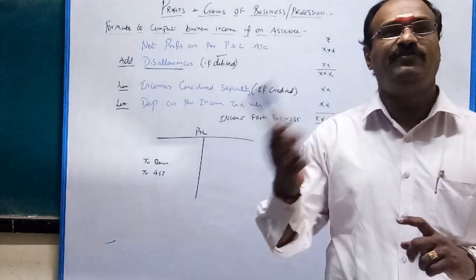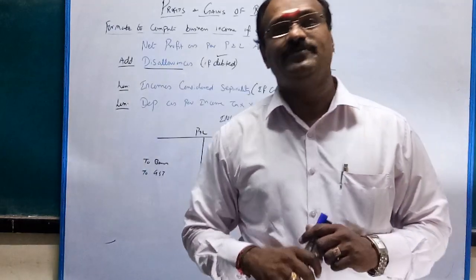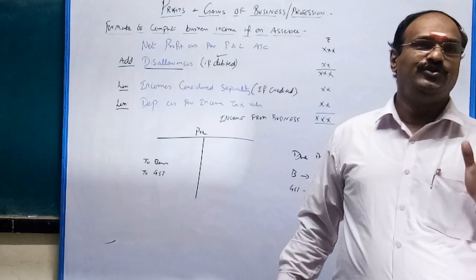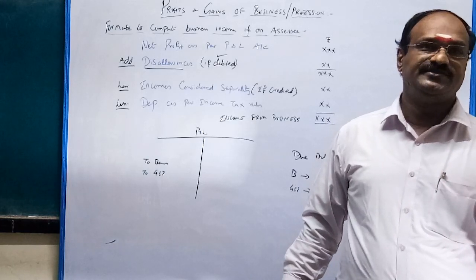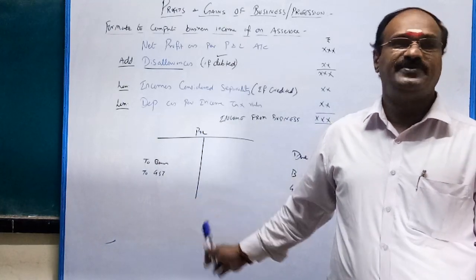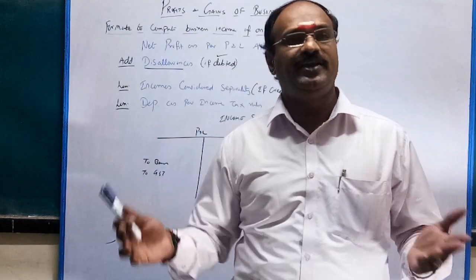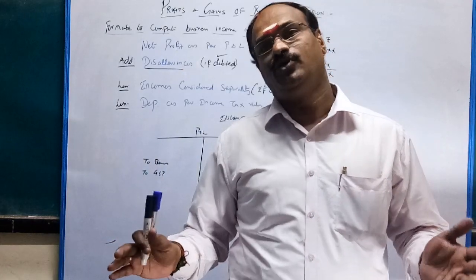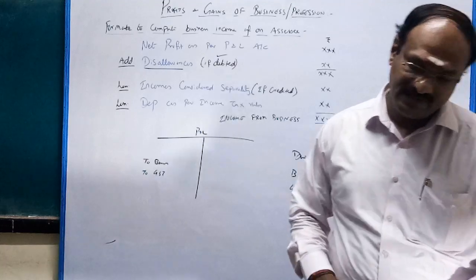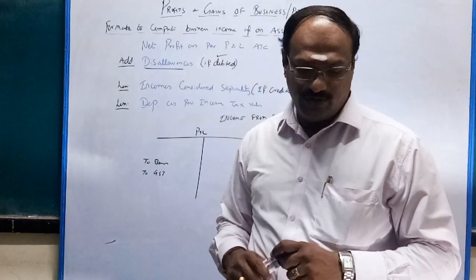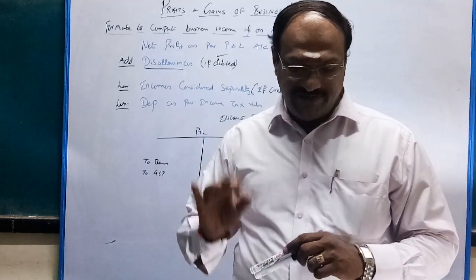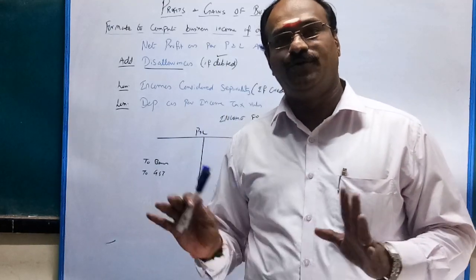So 30,000 into 50%, 15,000 you can claim as deduction, because if any asset is put to use for less than 180 days, then you can claim only half of the normal depreciation. Suppose it is used for more than 180 days, then it is not an issue. You can claim 100% of the depreciation, say 30,000. Okay, I will read: asset acquired during the previous year and put to use for less than 180 days, 50% of the normal depreciation is allowed.